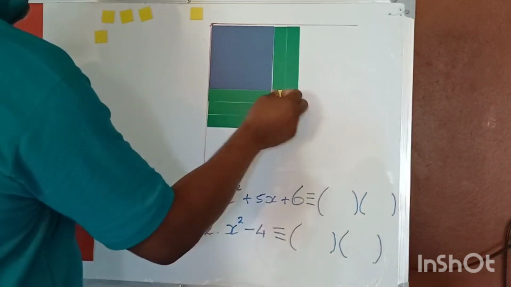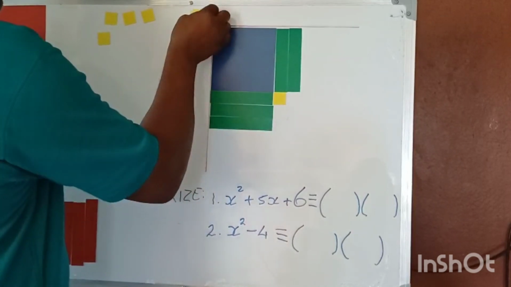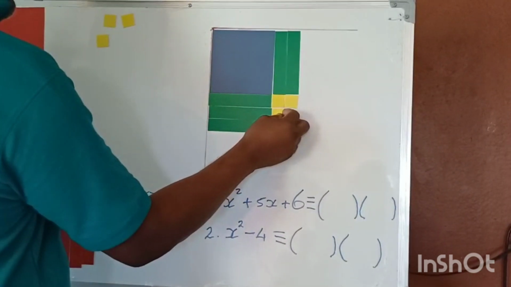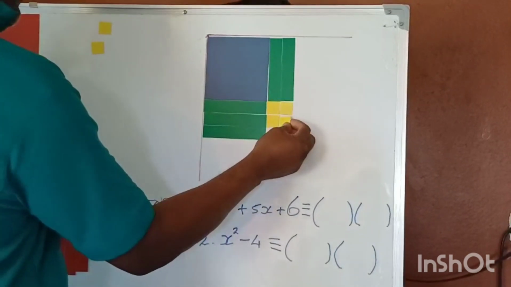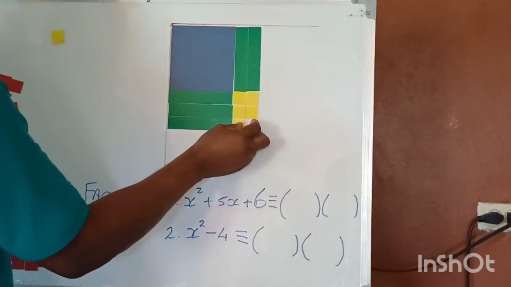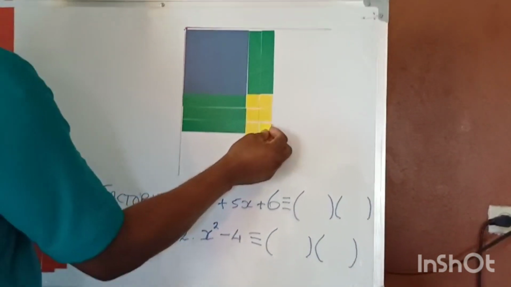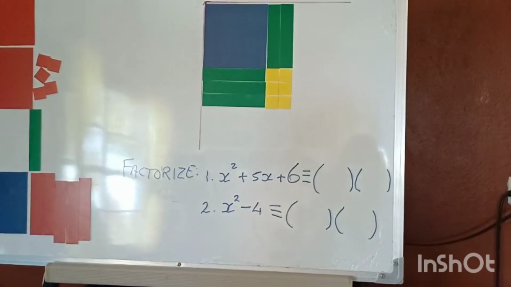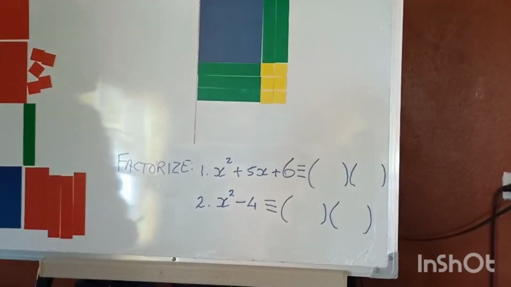So we have 1, 2, 3, 4, 5, 6. Now our rectangle is completed.